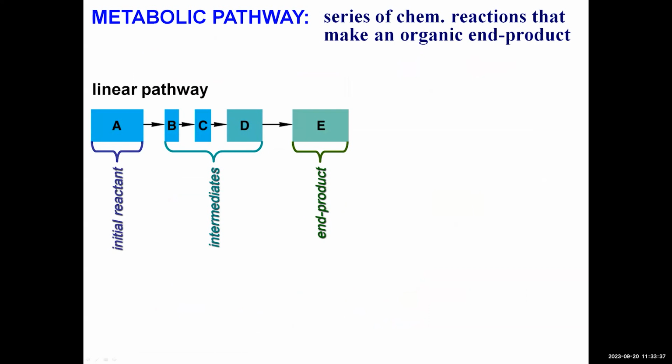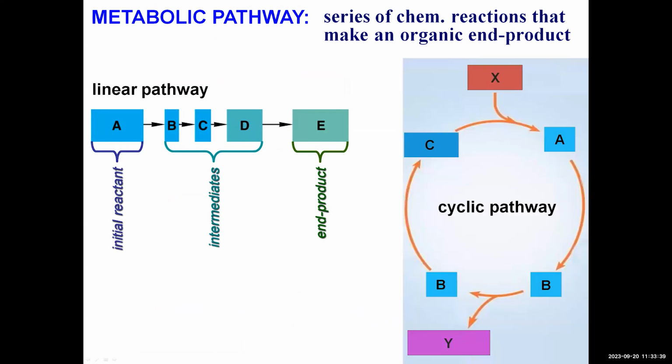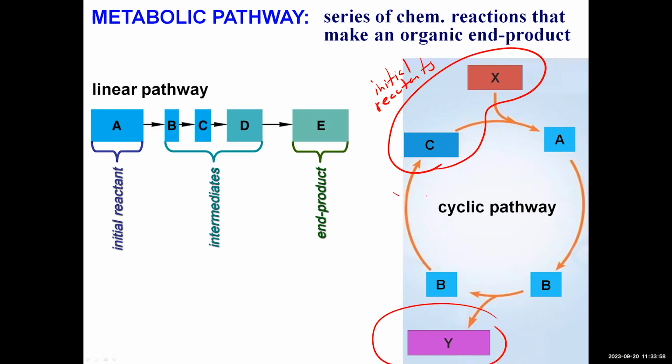But there are also cyclic pathways. Cyclic pathways require us to regenerate a starting material. In a cyclic pathway, the starting materials are the initial reactants. But one of them is also an end product.